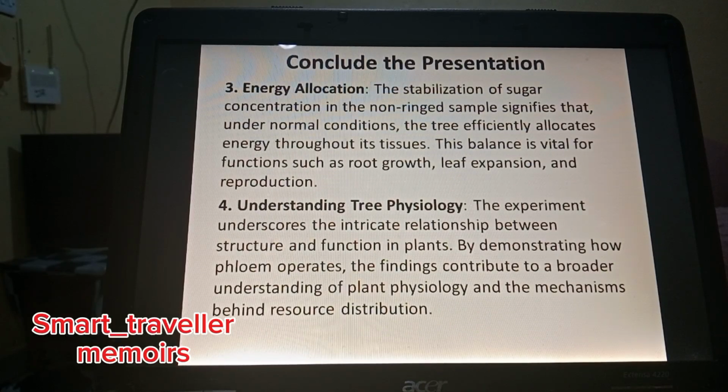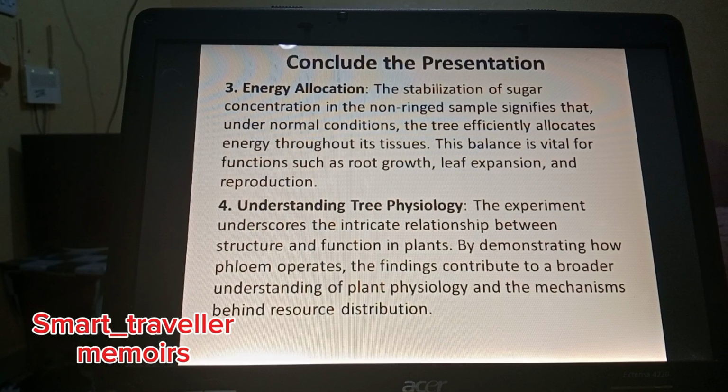Energy allocation: the stabilization of sugar concentration in the non-ringed sample signifies that, under normal conditions, the tree efficiently allocates energy throughout its tissues. This balance is vital for functions such as root growth, leaf expansion, and reproduction.